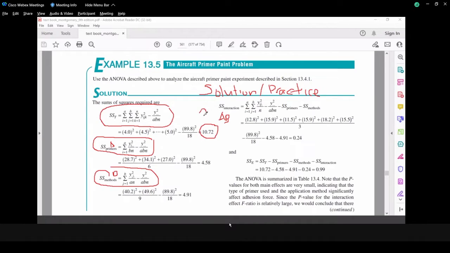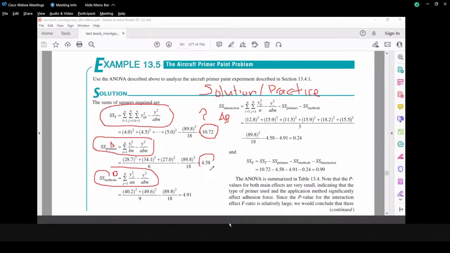You don't try to practice this during the test. It's suicidal. You will get negative ANOVA. So you must practice this.